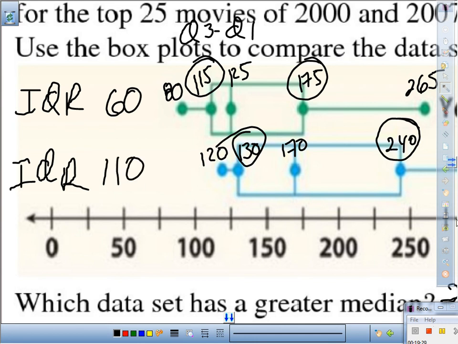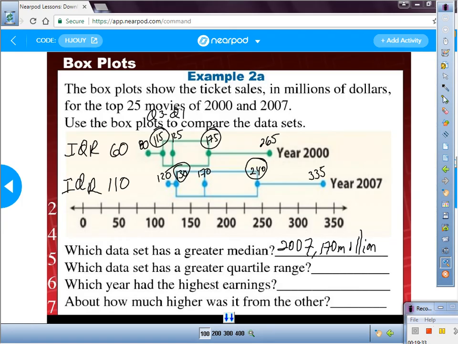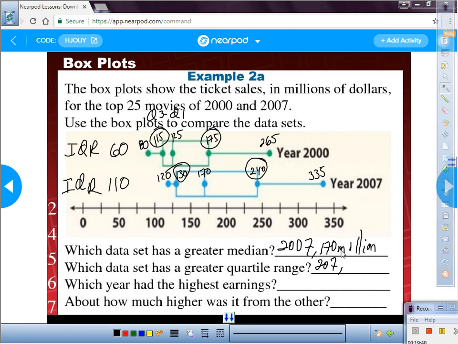So therefore, the one with the greatest IQR is 2007. And what was the IQR for 2007? 110 million. Now, how does that help us? That usually helps by saying, well, how much did it grow from the first quartile to the third quartile? So which one had the most growth? 2007. Does that make sense?